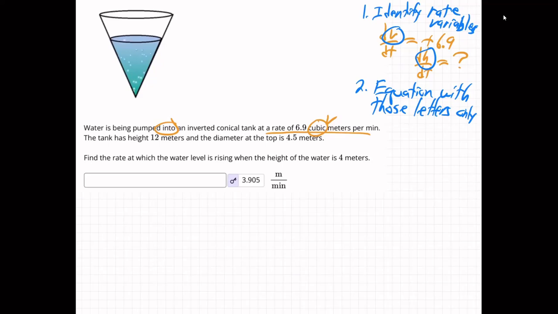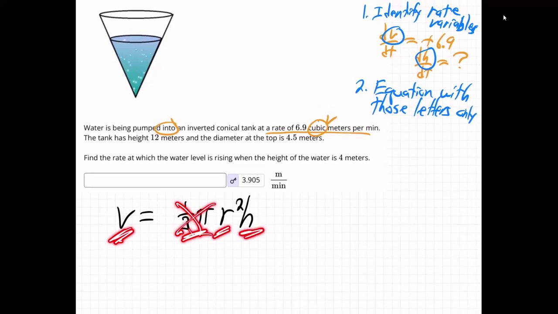Oh, they didn't give it to us there, so I'll write it. So volume is 1/3 pi r squared h. That's volume. But the problem with that equation, you notice, it has V, 1/3 pi, we don't care. Pi is just a number, 1/3 is a number. R and H and V. We only have V and H.